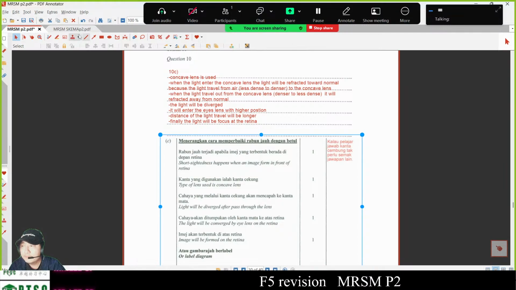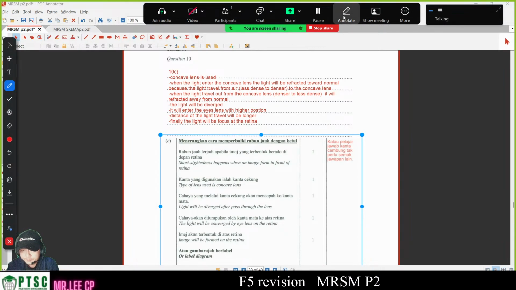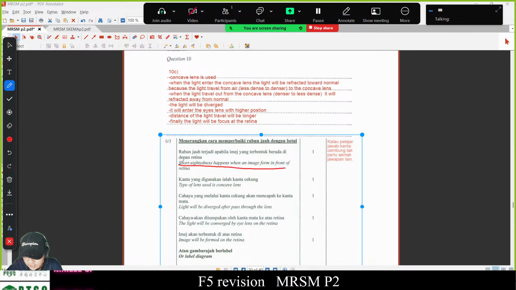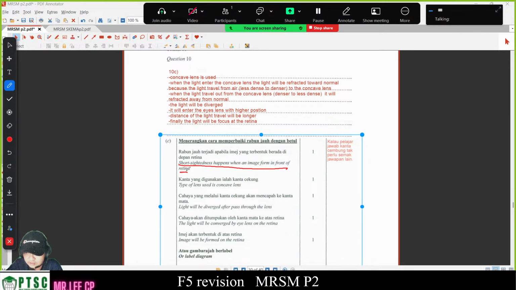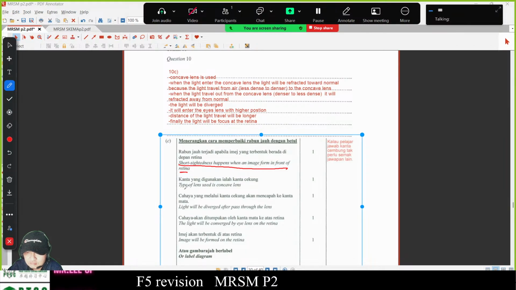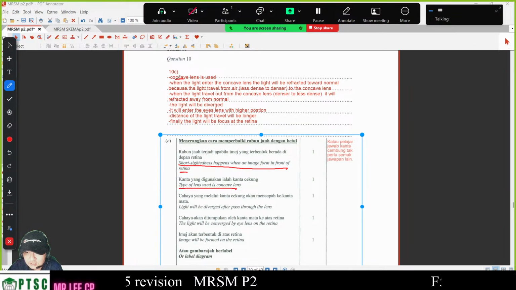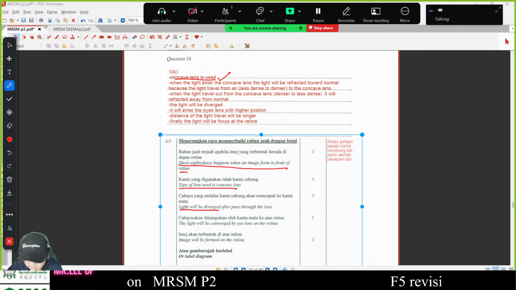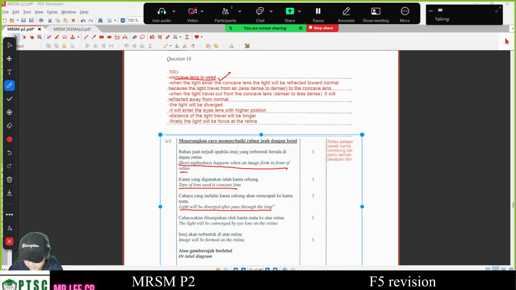Okay, so I'm going to mark here. Short-sightedness happens when the image forms in front of the retina. I didn't say it. The type of lens used is a concave lens. So the light will be diverged when it passes through the lens.